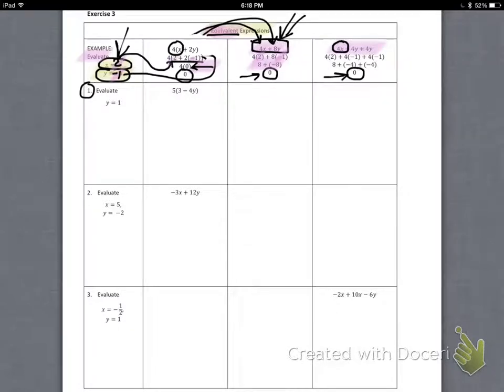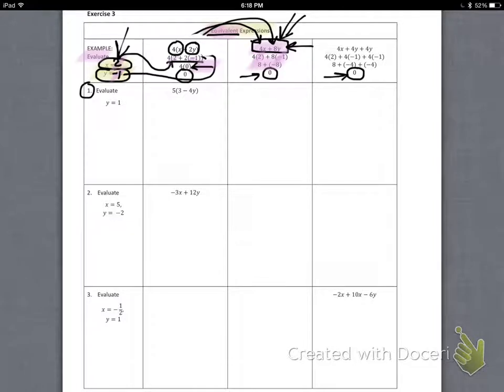But then they have 4 times 2y, so you have that actually twice, so you have 4y and 4y, which is the same as 8y over here. So what they're doing now is getting away from multiplication and showing this as a series of additions.